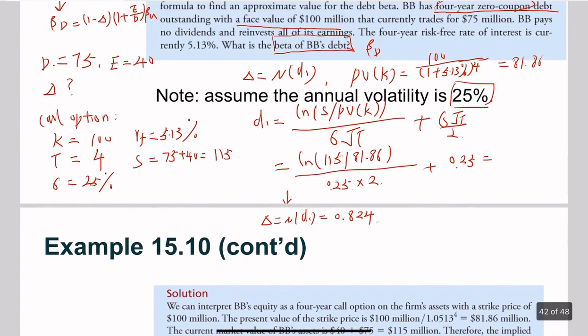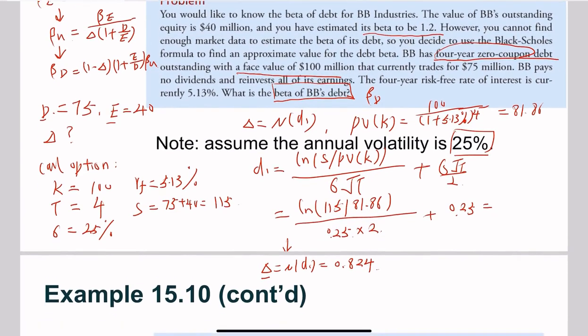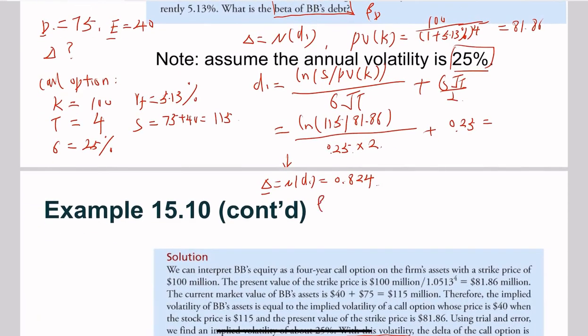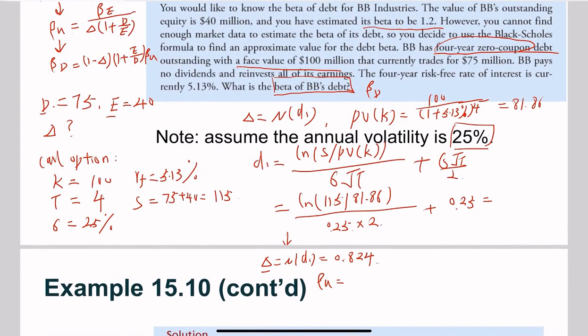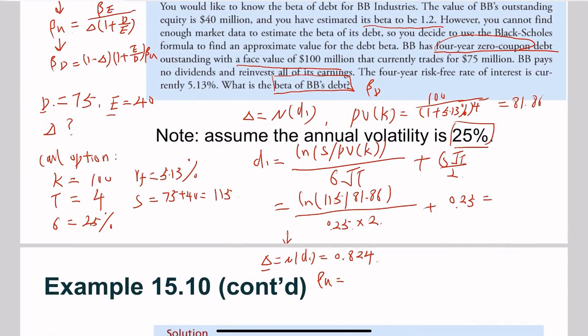Finally, after getting delta, and we have D and E, we can finally solve for beta U and beta D, right? So beta U equals beta E, which is 1.2, divided by delta, and times 1 plus the ratio of debt and equity.